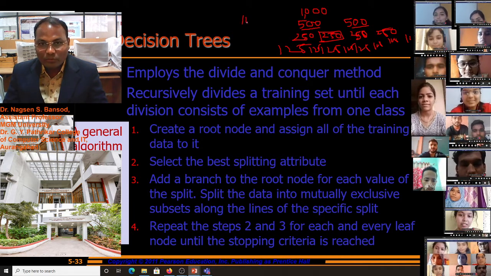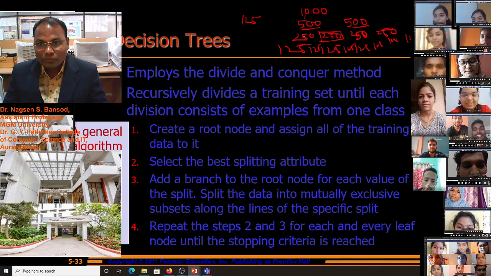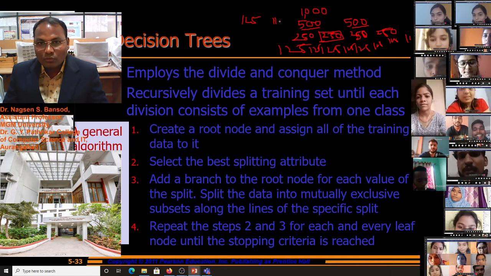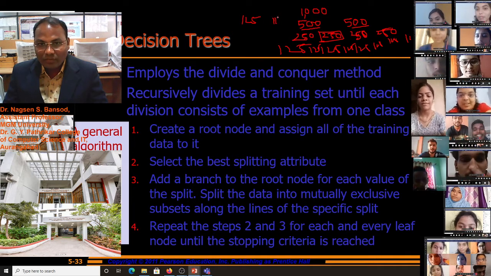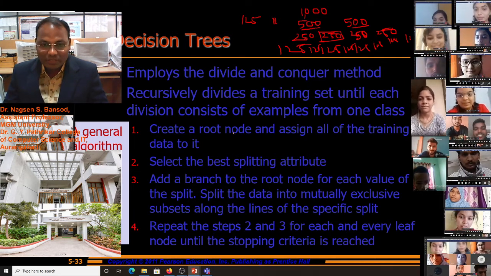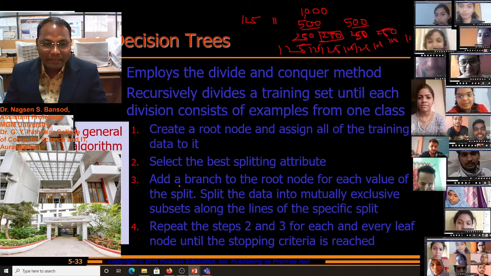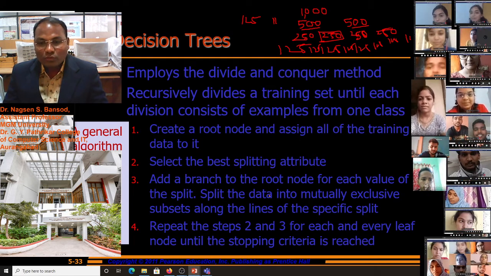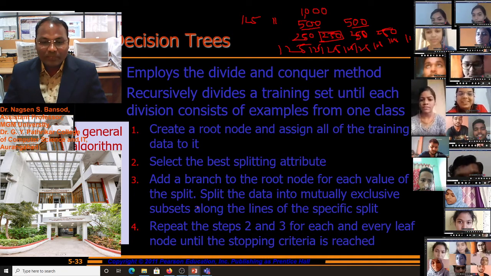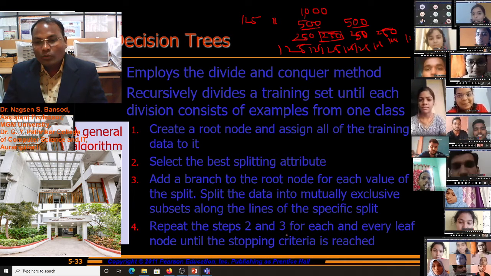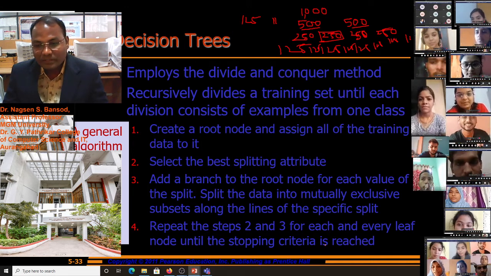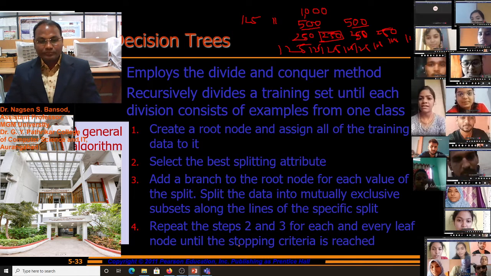splitting attribute, like suppose we find from 250 into 125 and 125, which is the best split from all these thousands of records. We find it, and then add a branch to the root node for each value of the split, dividing the data into mutually exclusive subsets along the lines of the specific split.